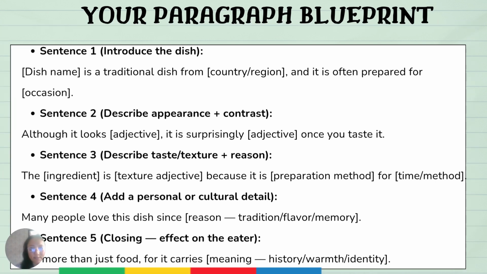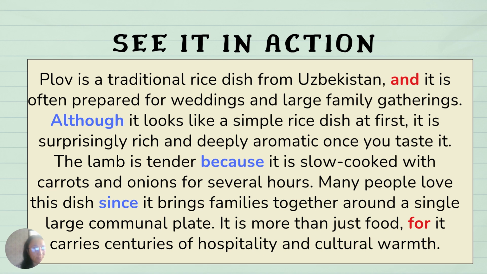So, let's see them in action. Pulao is a traditional rice dish from Uzbekistan, and it is often prepared for weddings and large family gatherings. Although it looks like a simple rice dish at first, it is surprisingly rich and deeply aromatic once you taste it.